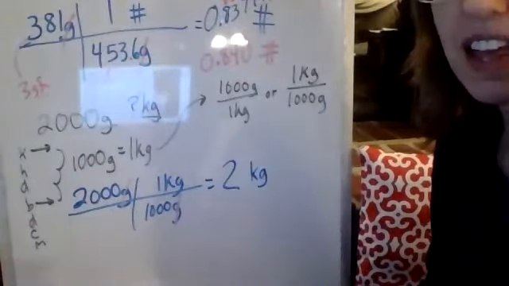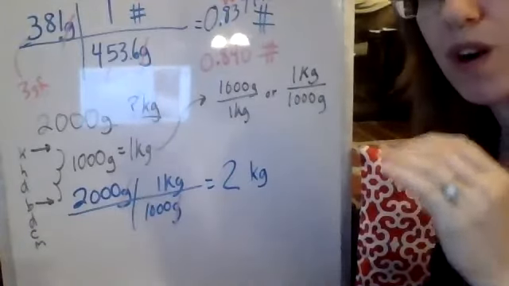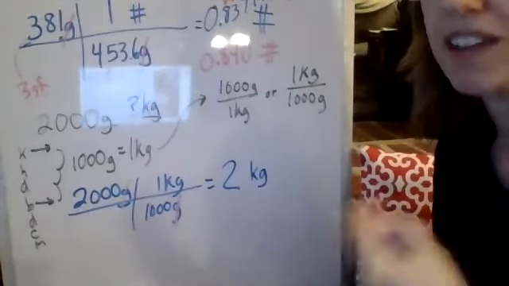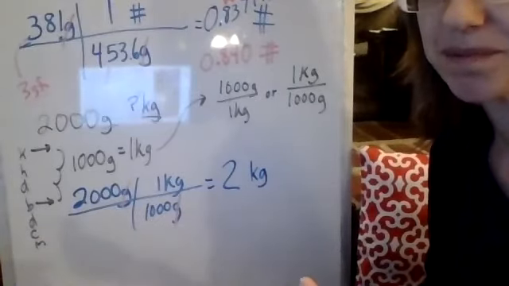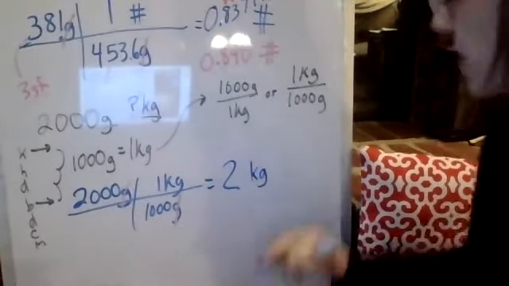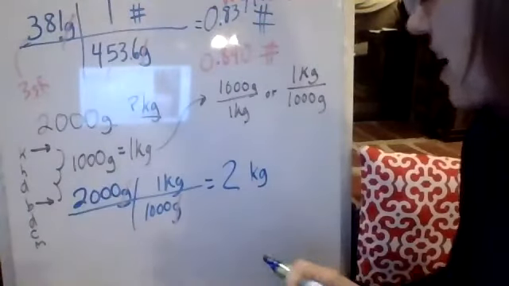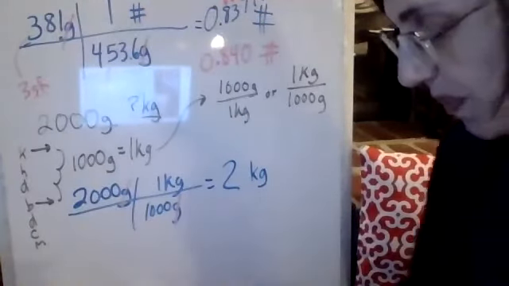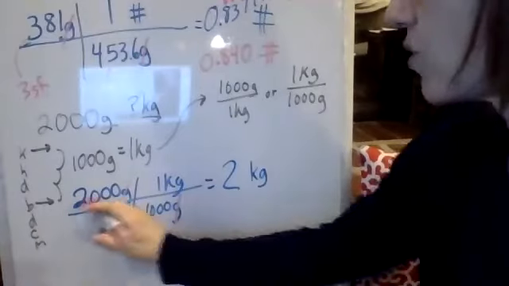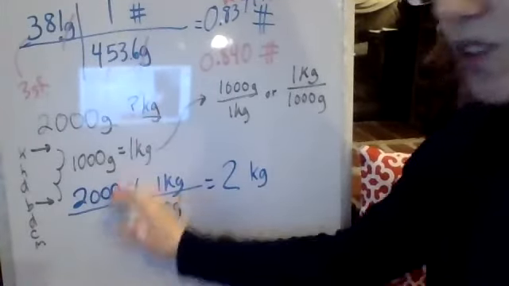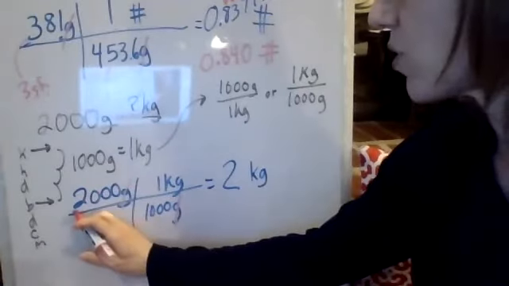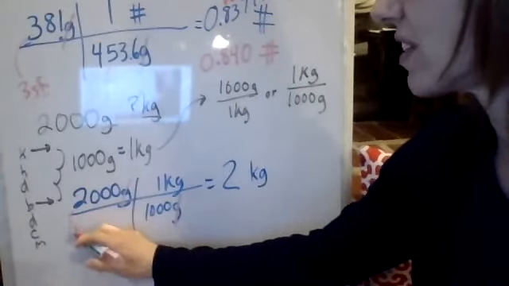Now I mentioned that every single time before we move to the next problem, we have to ask a question. Does anyone remember what that question is? Significant figures, absolutely. So let's go ahead and look at our significant figures. Here we've got 2,000. There's no decimal place here, so the zeros are not significant. So this actually only has one significant figure.